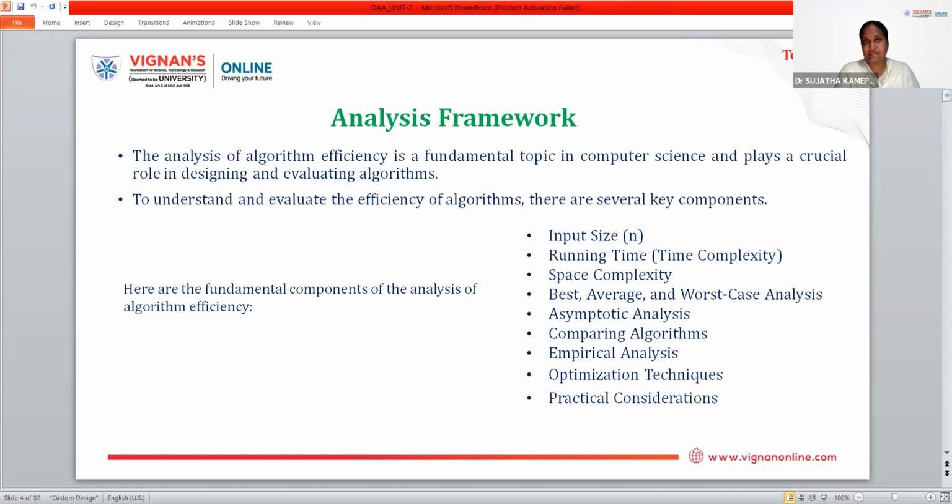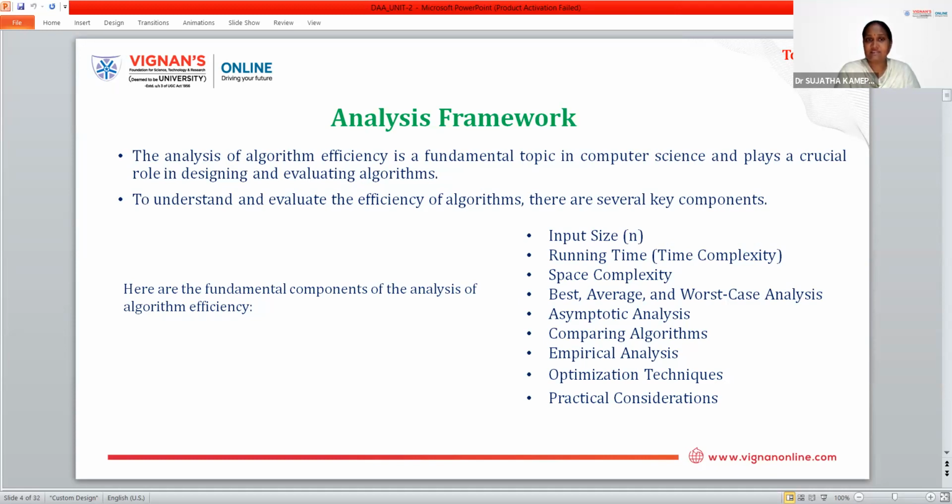Average case analysis provides an estimate of the running time by considering the expected or average input data distributions. Coming to worst case analysis, this focuses on the maximum running time an algorithm can take for any input of a given size.